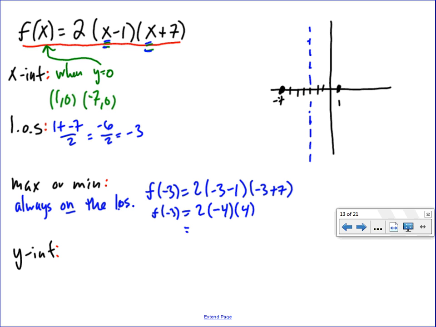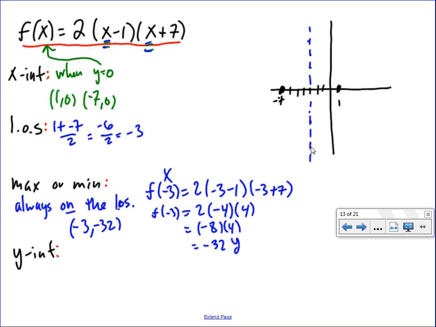So a 2 times a negative 4 is a negative 8. Times a 4. Negative 8 times a 4 is a whole big negative 32. So we have a pretty low minimum in this one. But I do have a coordinate. This is my x, this is my y. I plugged in x to find y. The min is going to be at negative 3, comma, negative 32. Way down in that line of symmetry.